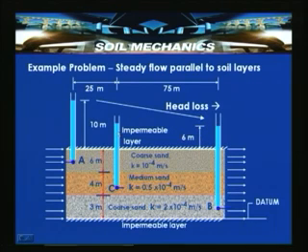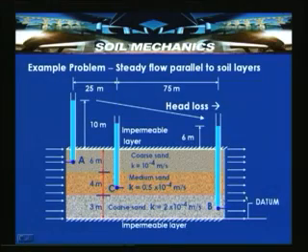That means the head loss is occurring from point A to point B. Now if you look into the thickness of the layers, the top layer has H1 equal to 6 meters, H2 equal to 4 meters, H3 equal to 3 meters, and consider the bottom surface of the impermeable layer as a datum. The flow from point A to point B is occurring with a head of around 4 meters.